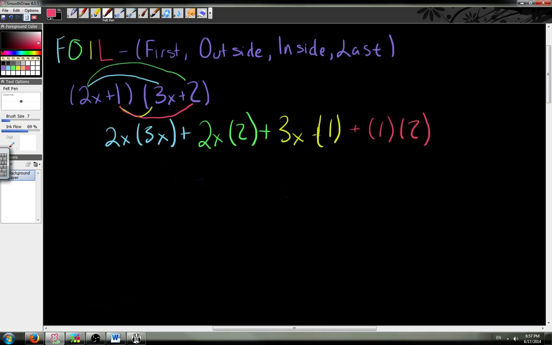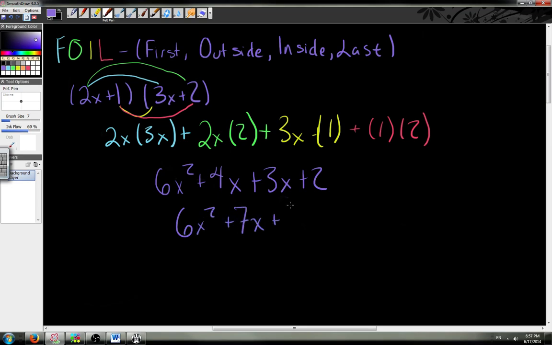And this is not a minus sign, this is just a mistake in my writing. So if we solve that, this is just 6x squared plus 4x plus 3x plus 2, or even more simplified, 7x plus 2.